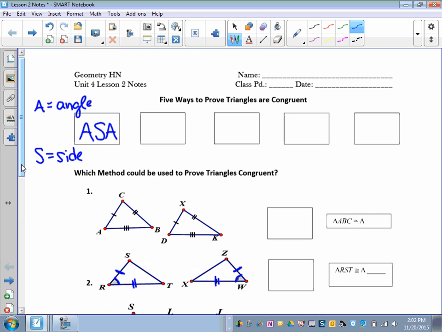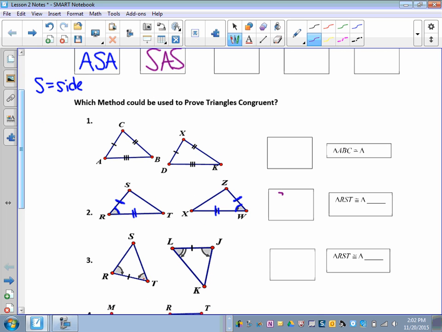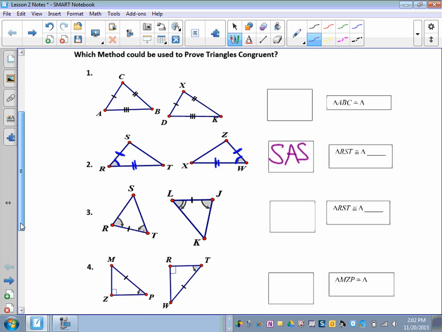Okay, what's this one? Side angle side. So number 2 is side angle side. We'll come back to that. Okay, which one is angle side angle? Number 3.